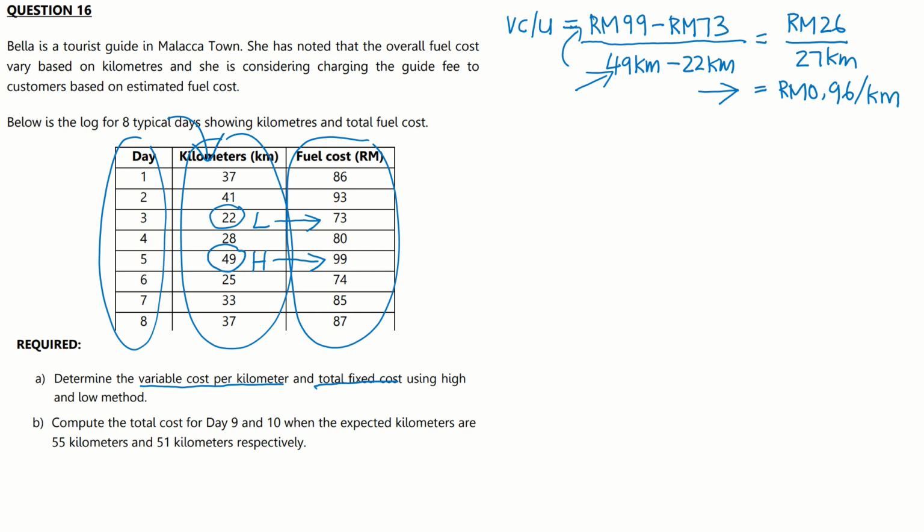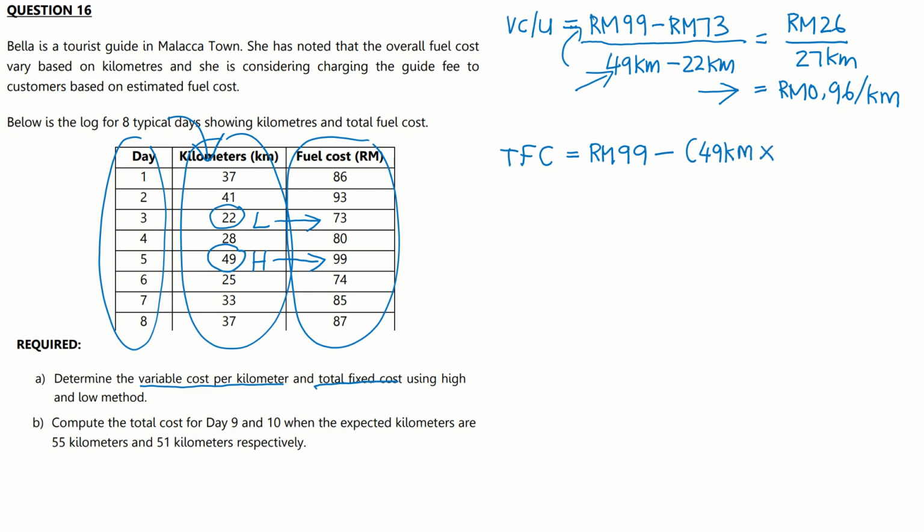To determine the total fixed cost, basically what I can do is take the total fuel cost for the 49 kilometers, which is 99 ringgit here, minus the total variable cost of that 49 kilometers.